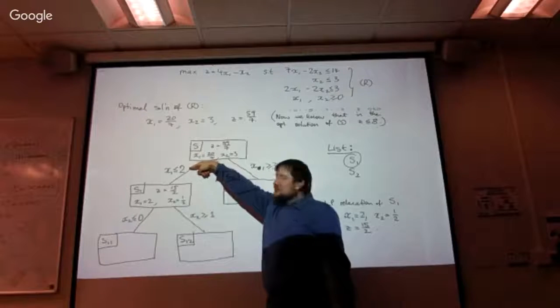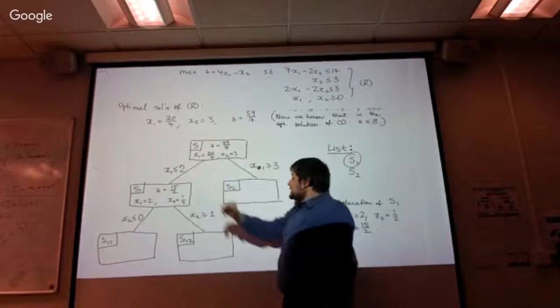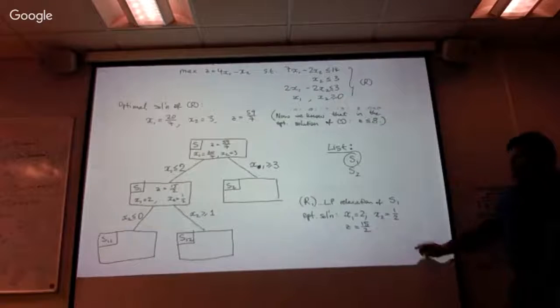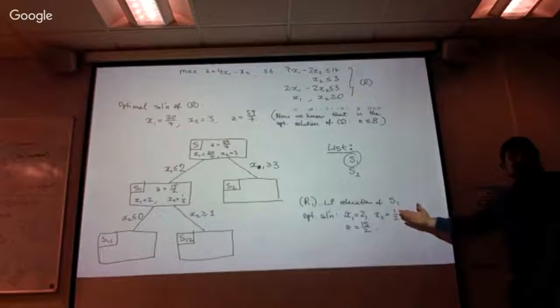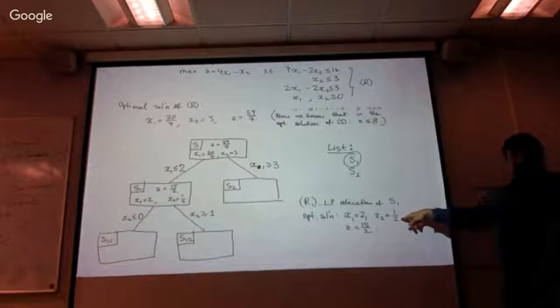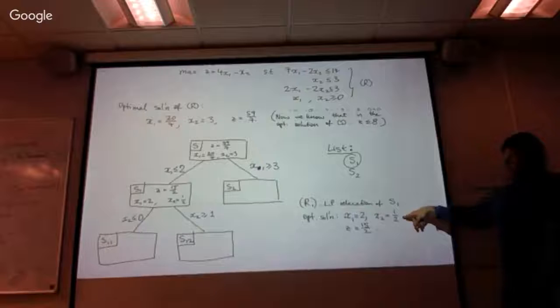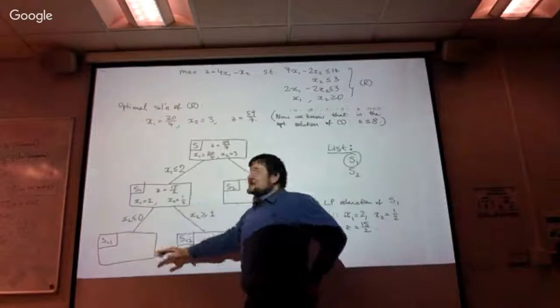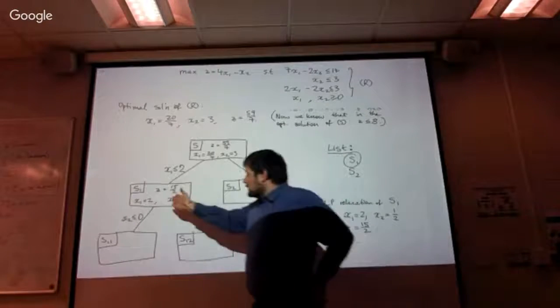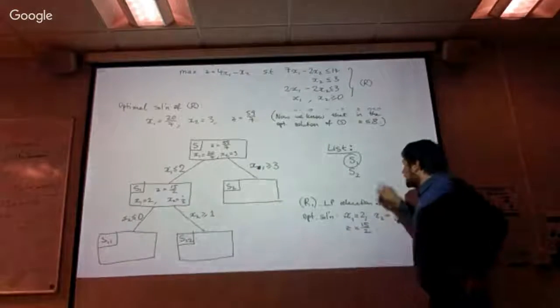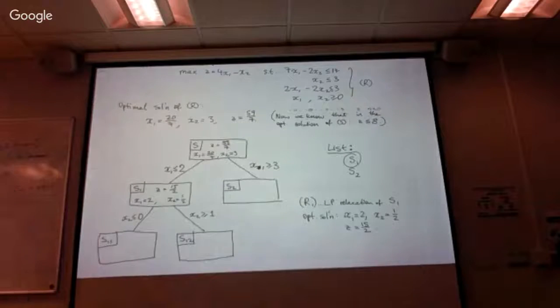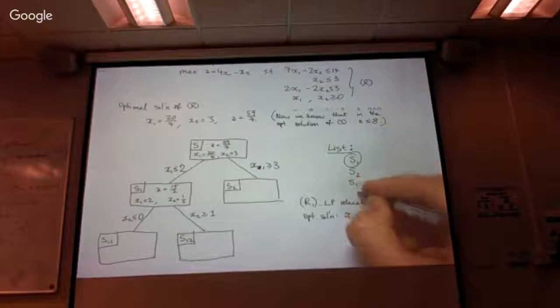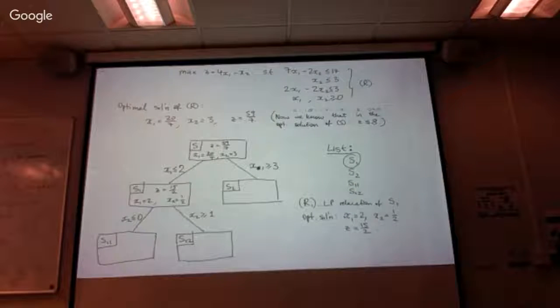And with this additional constraint, the LP solution you get in simplex is this one. And it's still not integral, so you still don't know what the optimal solution in this branch is going to be. But then you split the problem again into two subproblems. And now I want to add them on the list. S11 and S12, these are the problems that we haven't solved yet.